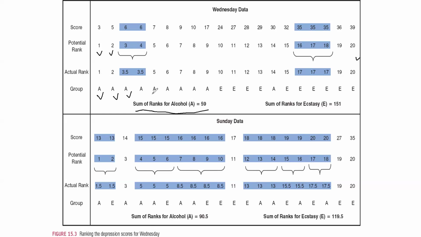The sum of ranks of one group is 90 and the sum of ranks of the other group is 119. So this is the criterion for taking the ranks.